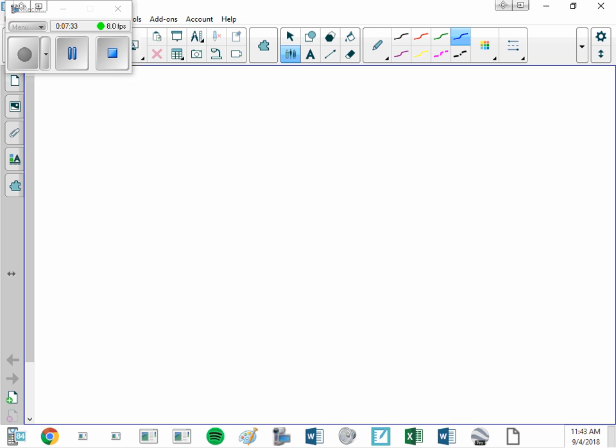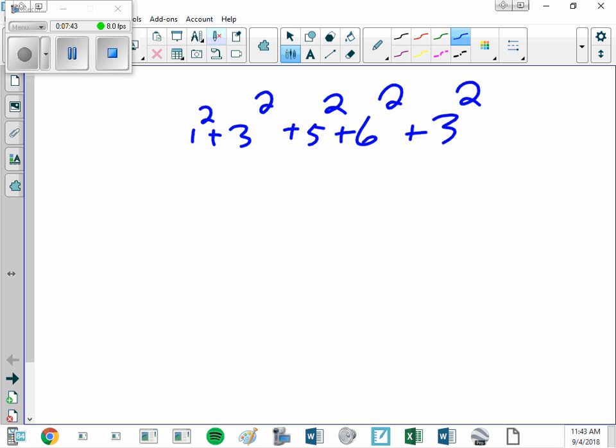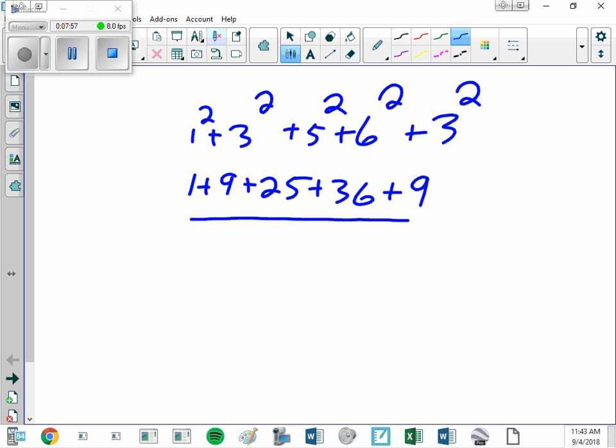So root mean squared, you're going to do 1 squared plus 3 squared plus 5 squared plus 6 squared plus 3 squared, which gives me 1 plus 9 plus 25 plus 36 plus 9. And what do I do with that list? Divide it by 5.